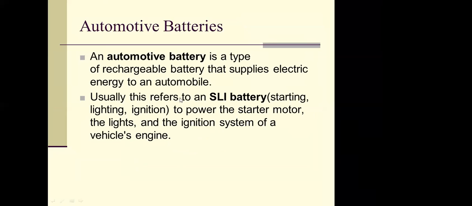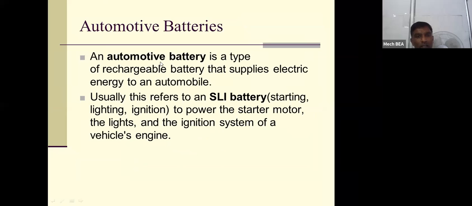Yes, sir. Okay, so now you can see in detail what is automotive batteries. An automotive battery is a type of rechargeable battery that supplies electric energy to an automobile.